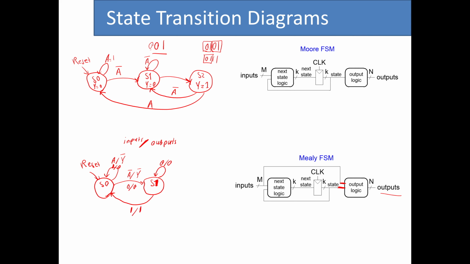So now, based on this, we can create the encoded state transition table as well. So let's just fill out the encoded state transition table. When we are at the state 0, or state 0, 0, the output is going to be 0.